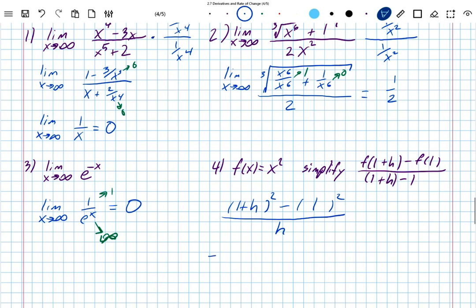Let's FOIL this out. Looks like I would get 1 plus 2h plus h squared. FOILing fast is your friend. 1 squared is a 1 with a minus out front, so this is minus 1 all over h. Looks like those 1's cancel.